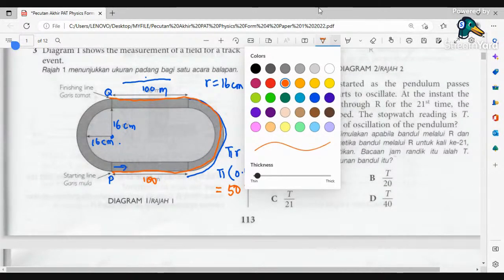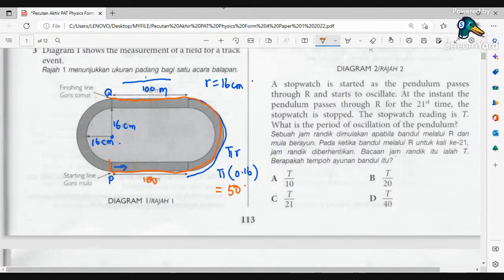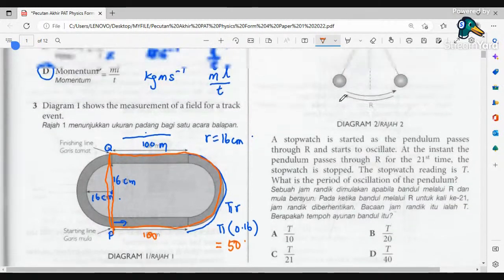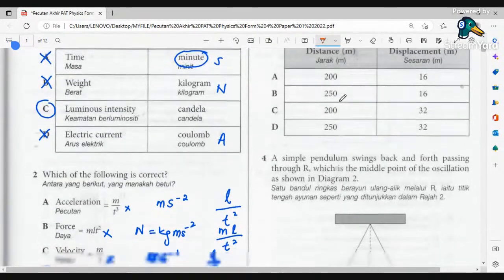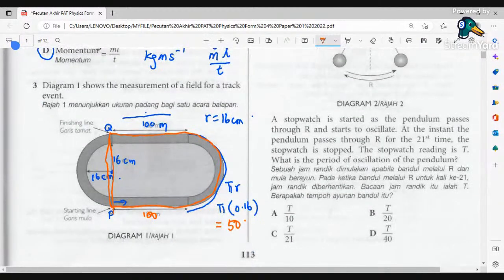Here, a straight line, P and Q. So we get 16 plus 16 for this one. This one is 16, 16. So the shortest distance travelled between initial and final, that one is displacement. You just draw a straight line.